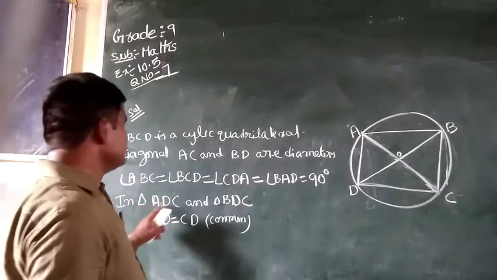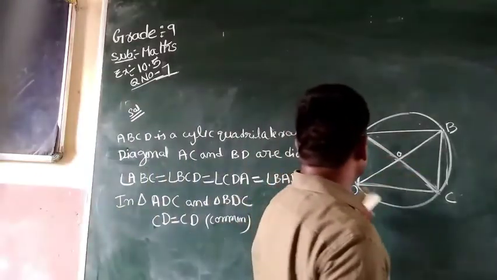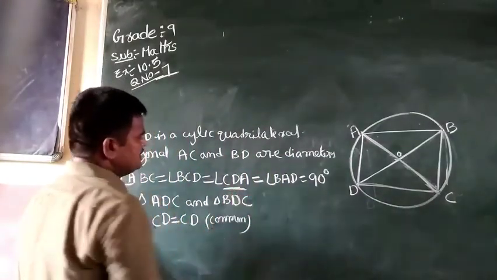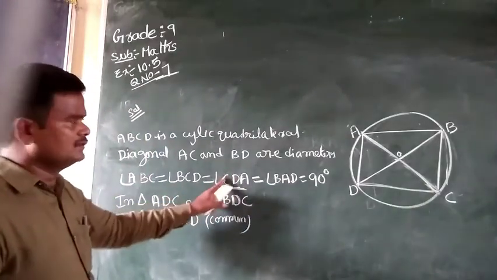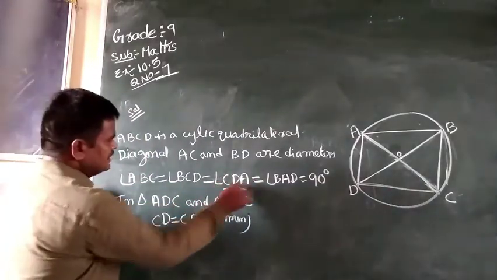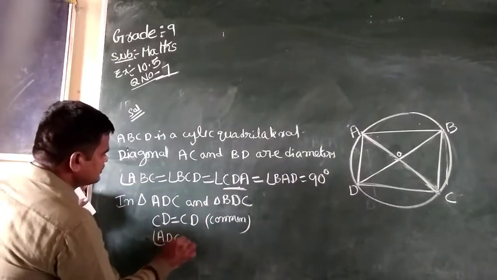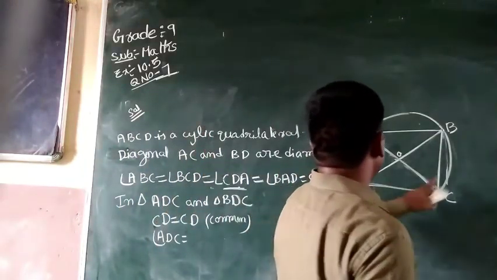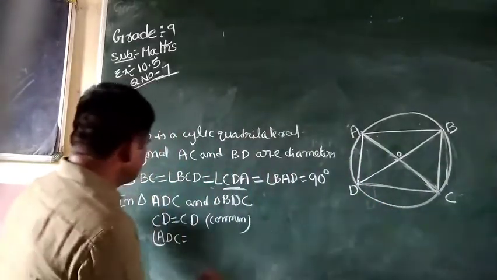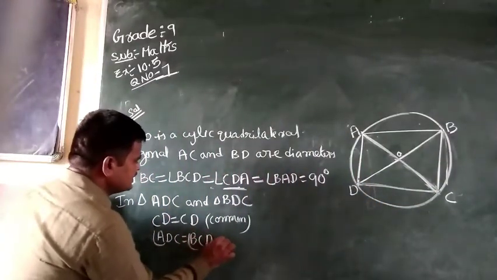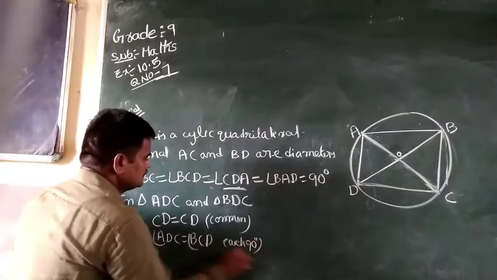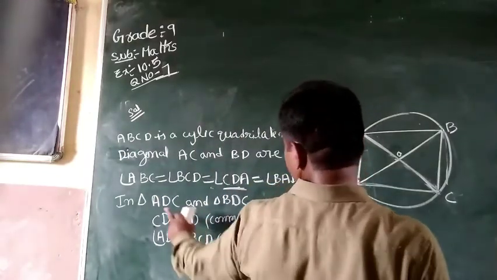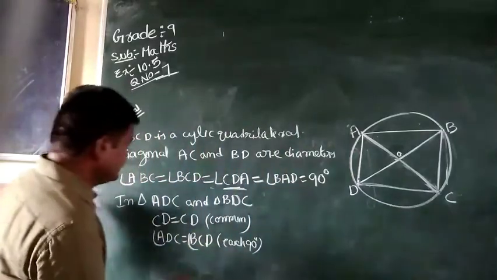Angle ADC equals 90 degrees, and angle BCD is also 90 degrees. And also AC equals BD.